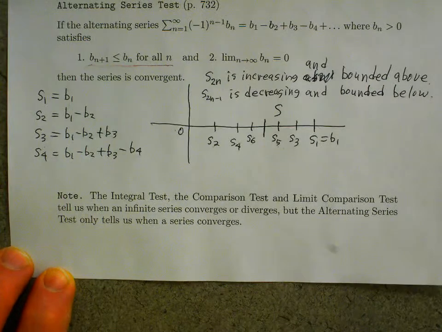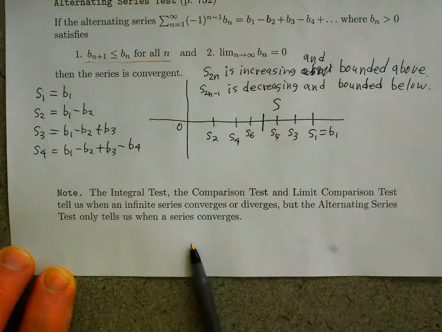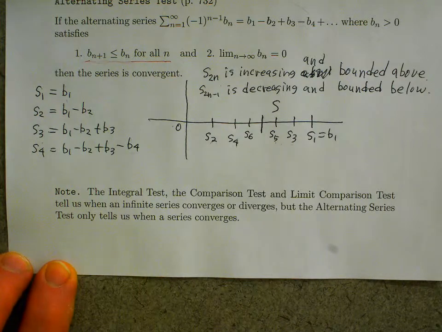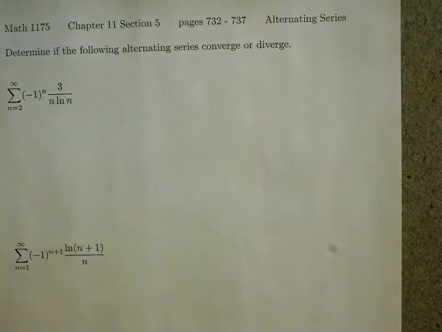So if we see an alternating series, but one or the other of the conditions is not satisfied, we have to use another test to conclude that the series either converges or diverges. Now let's look at some examples of alternating series.